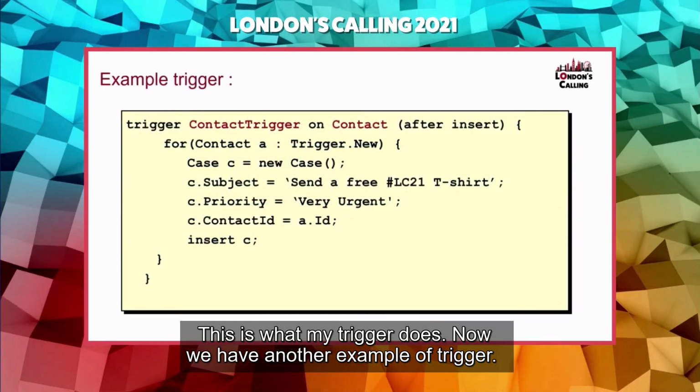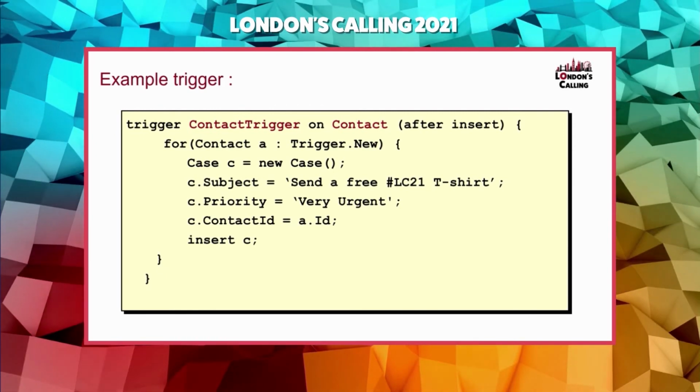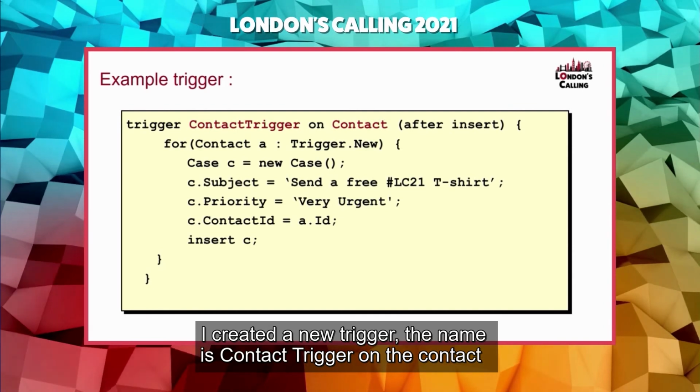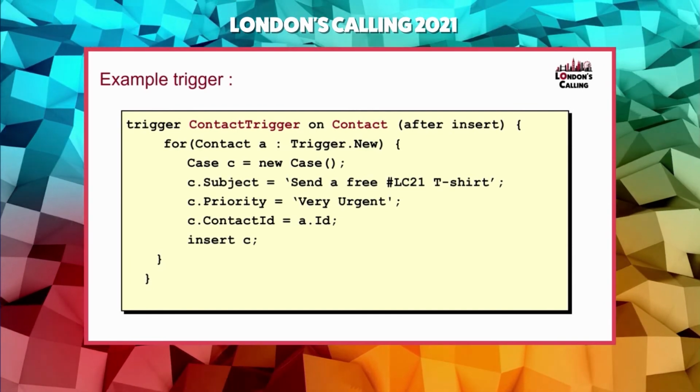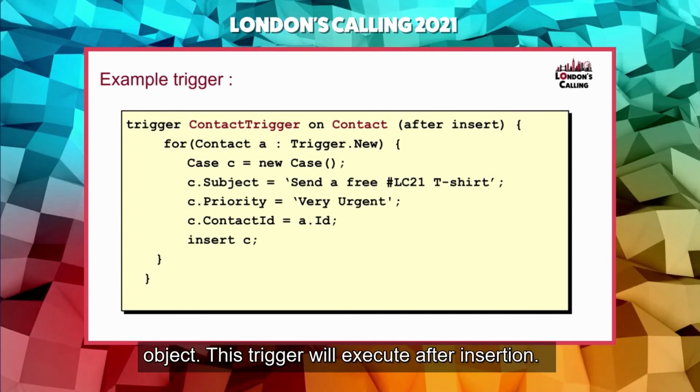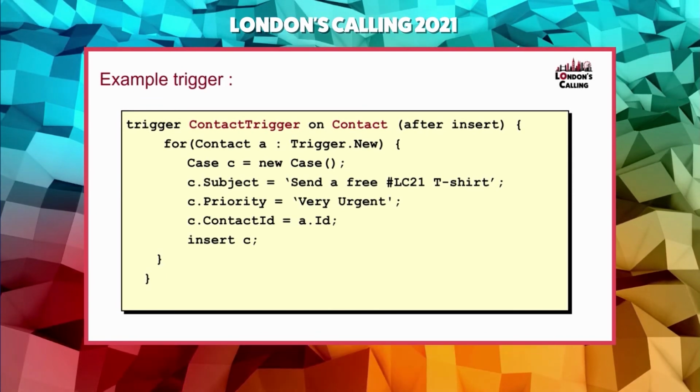Now we have another example of a trigger. I created a new trigger. The name is contact trigger, on the contact object. This trigger will execute after insertion.